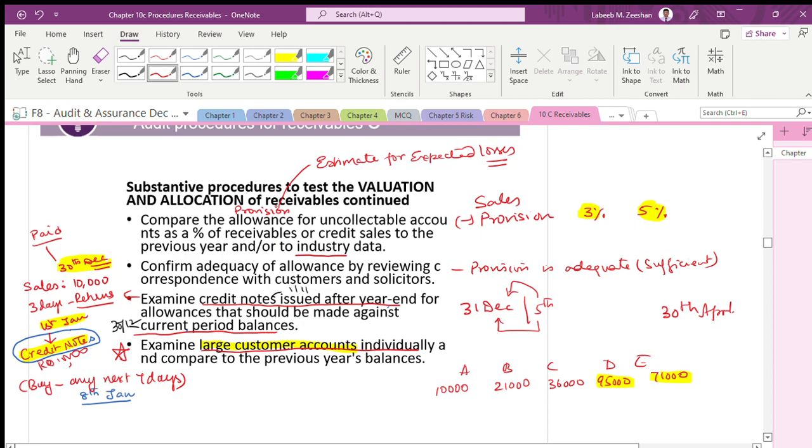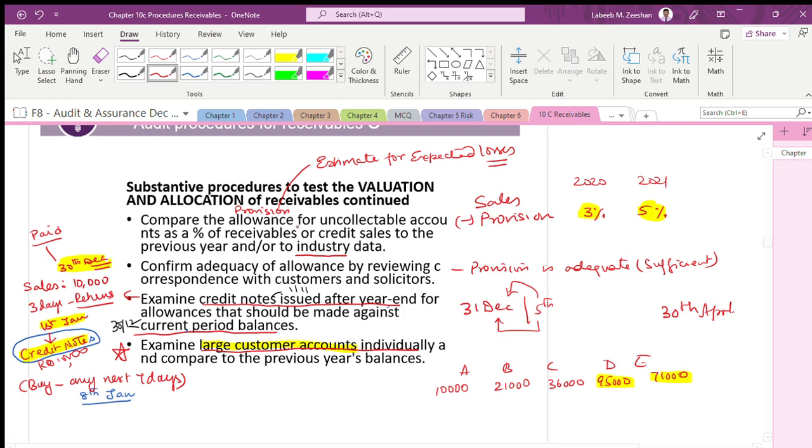Allowance is nothing but provision for estimated expected losses. Last year you maintained 3%. This year the loss estimation is 5%. This is right. Now we will compare, because the estimation has increased.